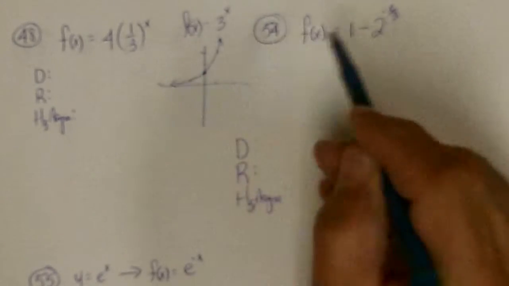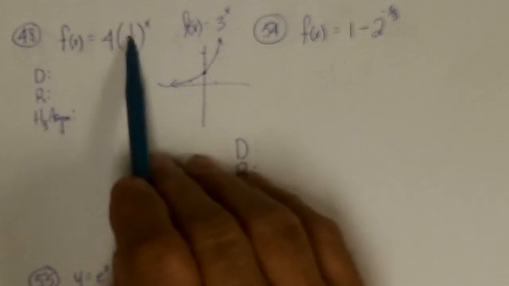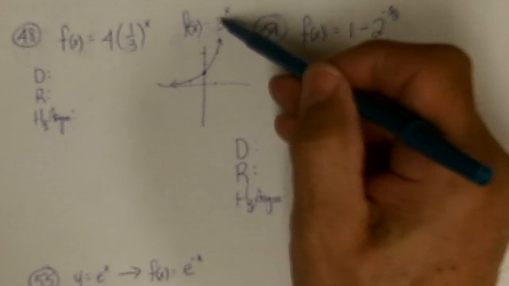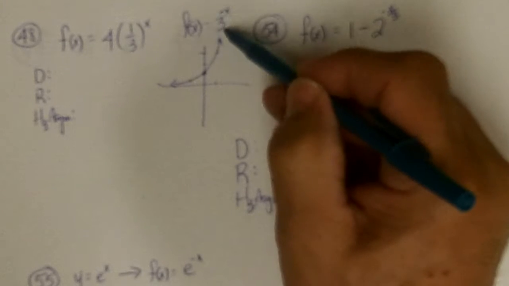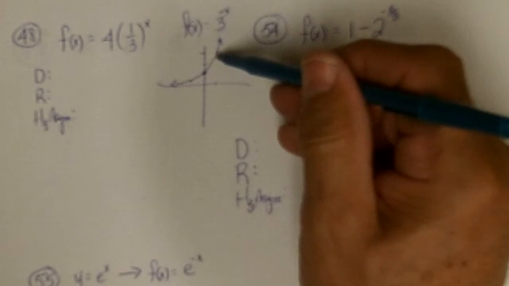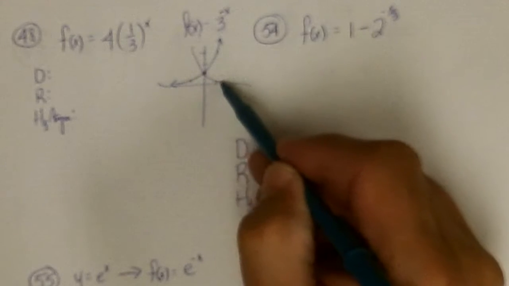Looks like this. So the 1/3 just changes this to a negative, and that would make that 1/3. That would flip it this way.